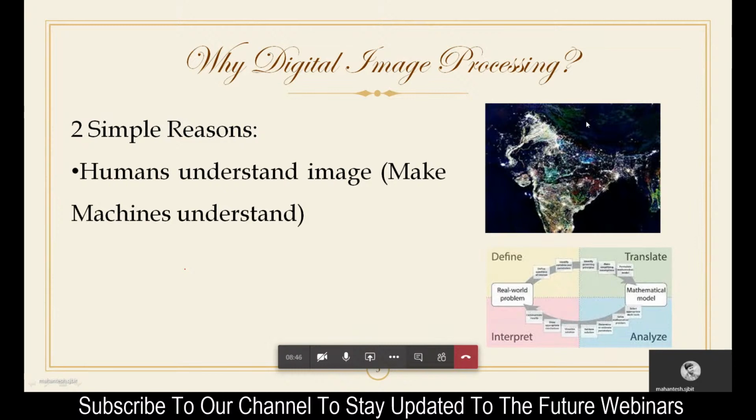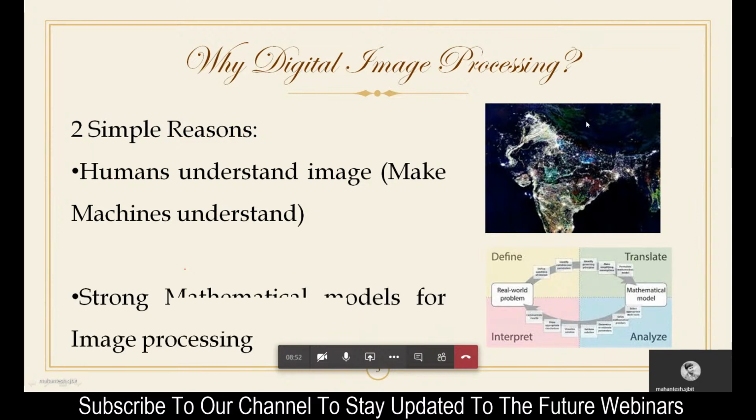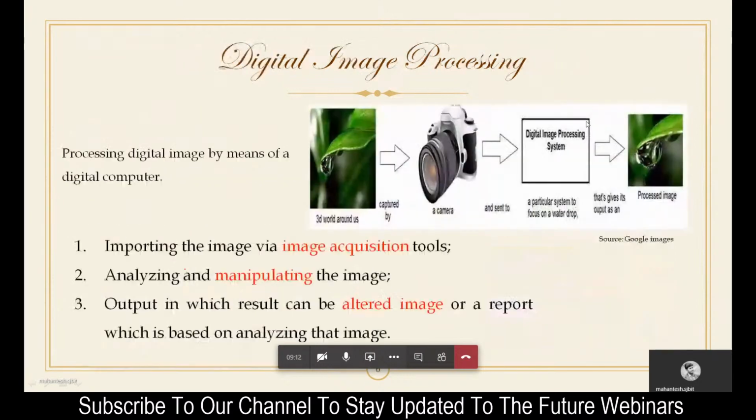So I want to make a computer to understand the image and try to analyze it. And the second simple reason, we have so many mathematical models like linear algebra, statistics, and many others in order to deal with designing the image processing algorithms. So these are two simple reasons why we are actually looking forward to understand digital image processing.